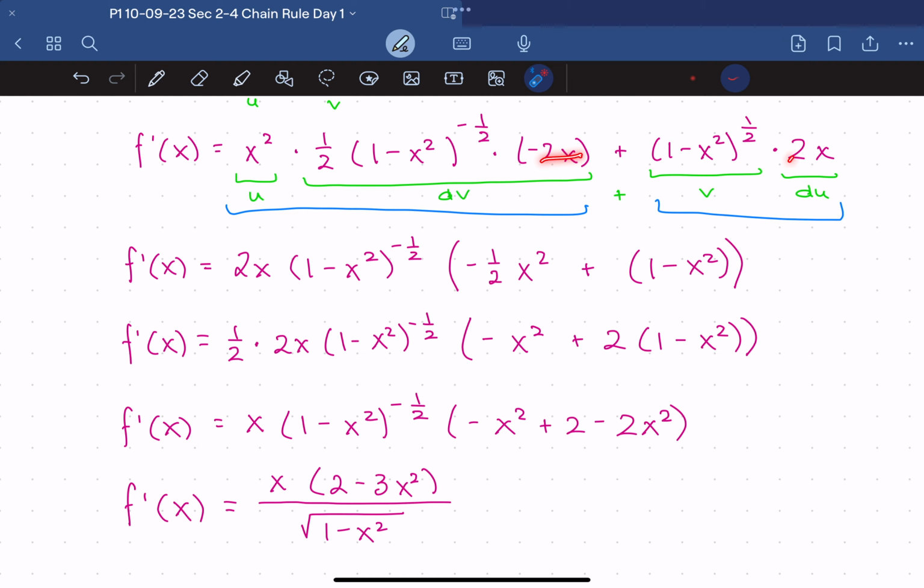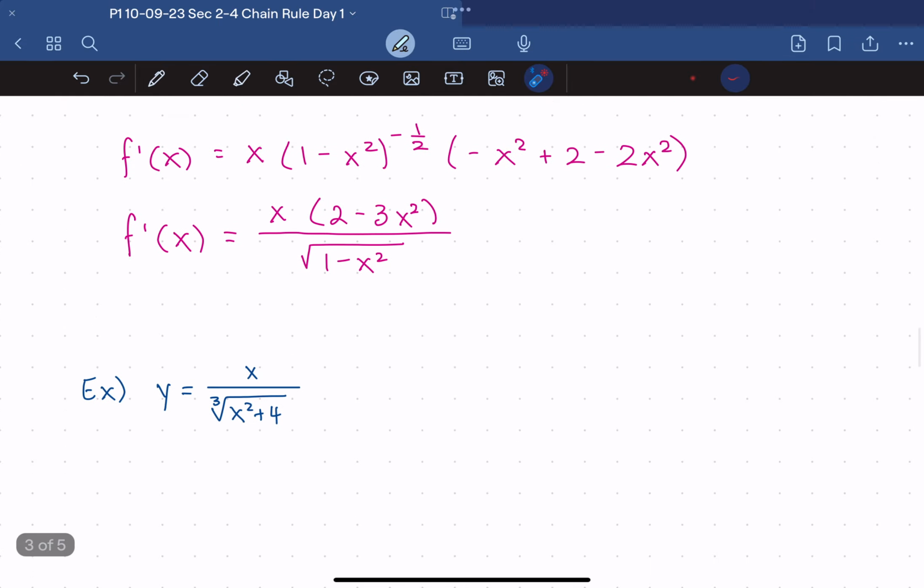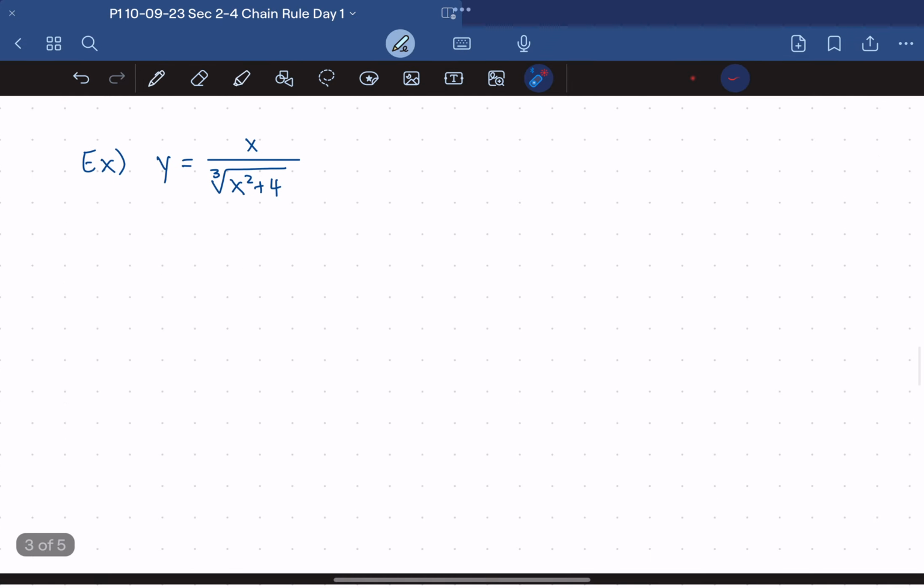But we can definitely see there's a 2x in both. And then there was a 1 minus x squared in both, and we factored out using the smaller exponent. And then to find the new exponent, we subtracted. 1/2 minus negative 1/2 is 1. So try to get in the habit of that.